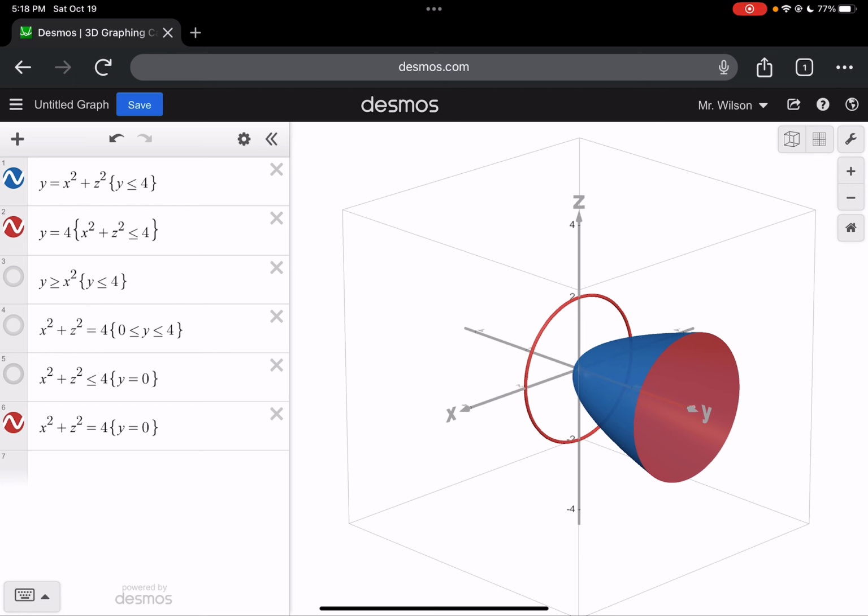And then if we take the region within it, that's going to be a circular disk of outermost radius 2, because it corresponds to y equals 4. So we can certainly work with circles.